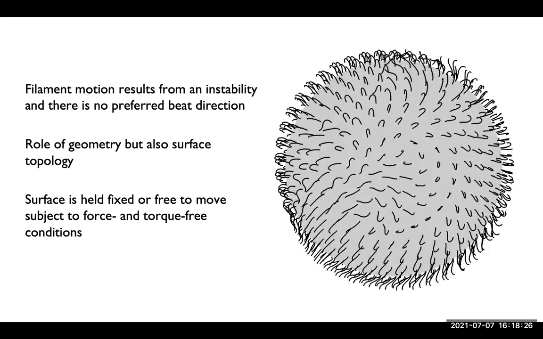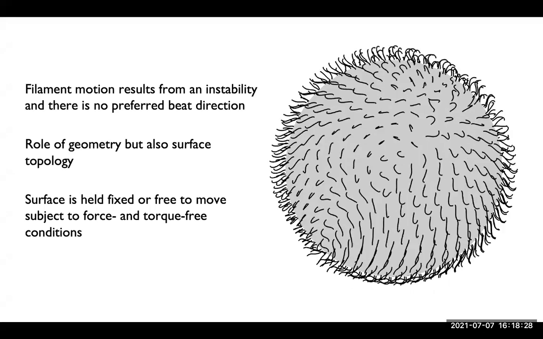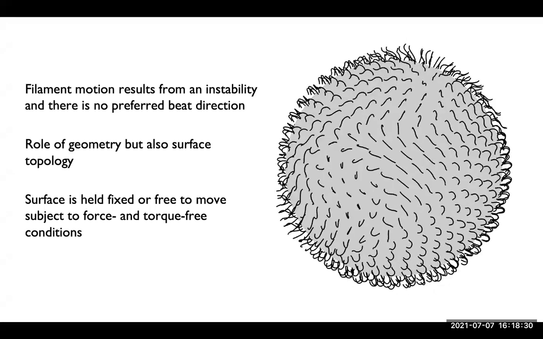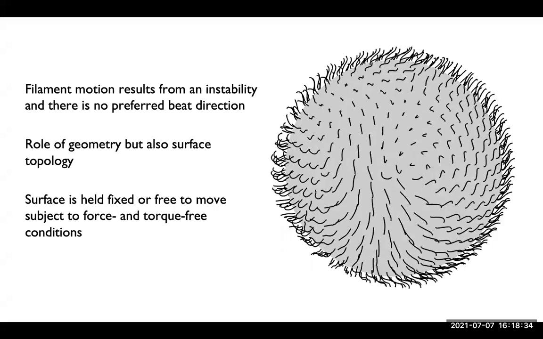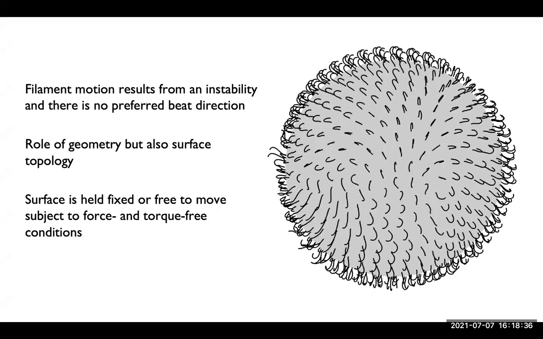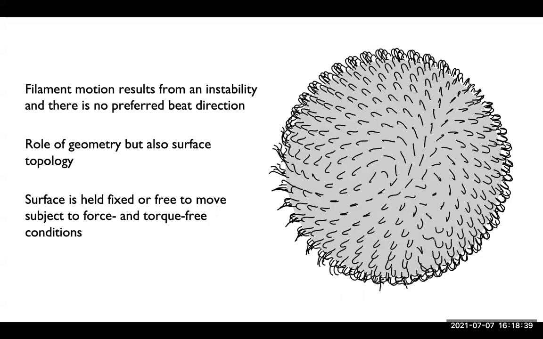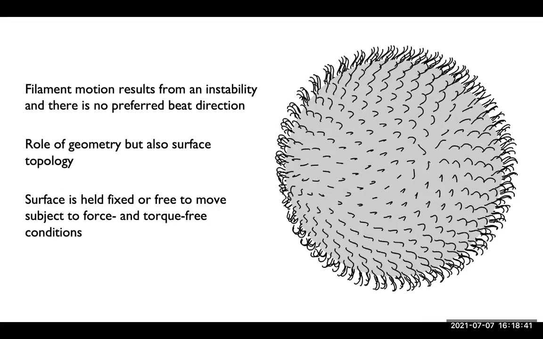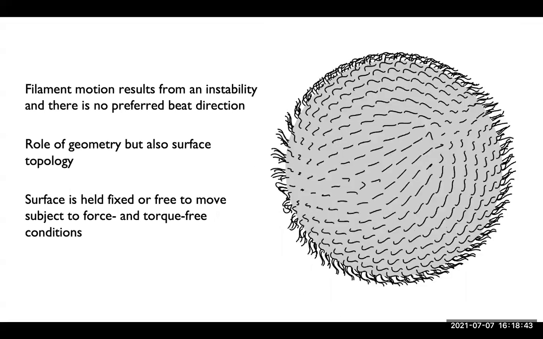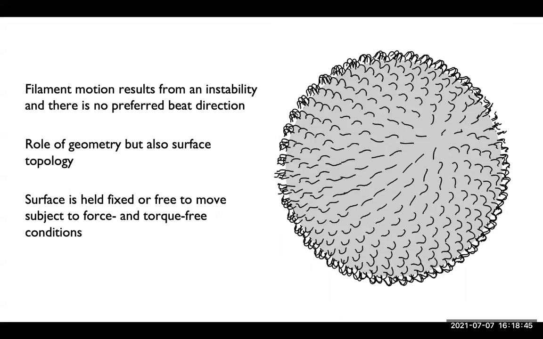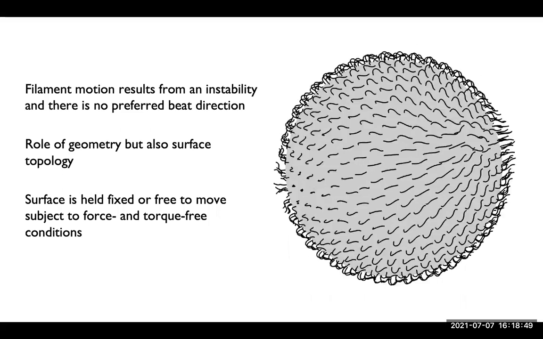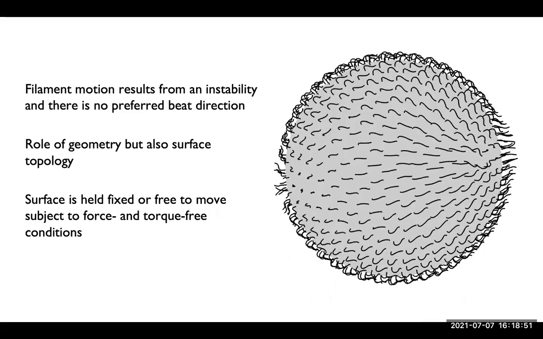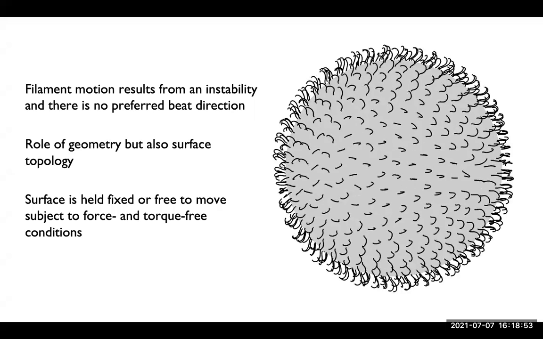And in doing so, we also didn't want to introduce any kind of preferred orientation relative to the surface, because we really wanted to explore not only the role of the geometry of the underlying surface, but its topology as well. And what I mean by that is, if you think about the displacement of the filament tip, it really is a vector field.